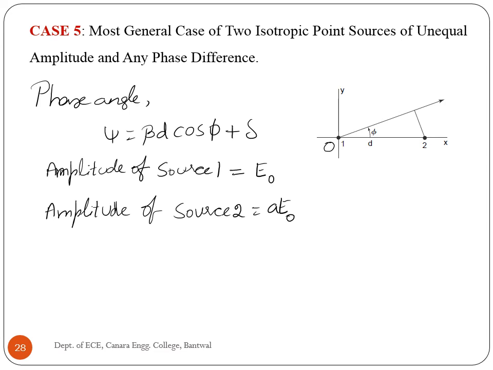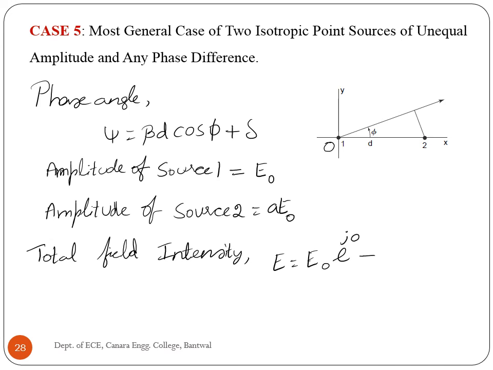If source 1 is taken as reference for the phase, total electric field intensity measured at a distant point in the direction of phi is given by E equal to E naught. Source 1 is at origin, therefore 0, plus A E naught, amplitude of the source 2, e to the power j xi.